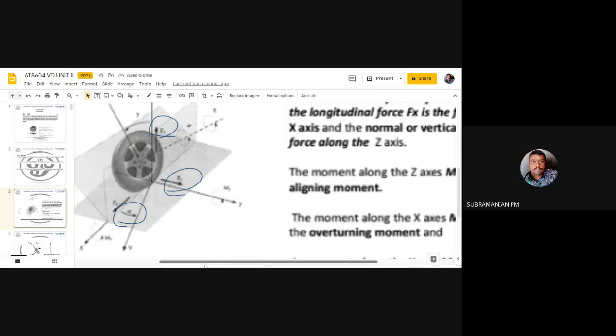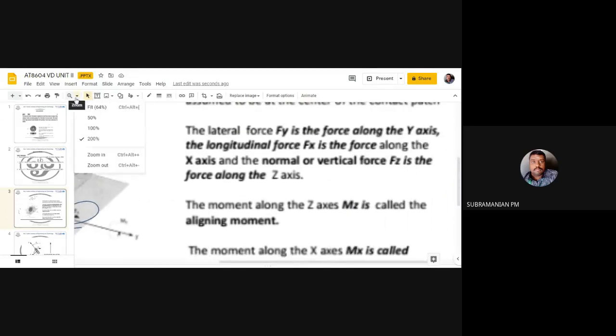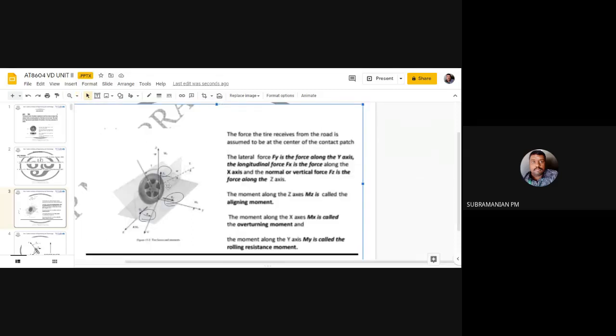Now we'll be defining the different terms. I think the sketch will be clearer to you. What is Fy? That is the force acting along the y-axis. It is written wrongly by a printing mistake.